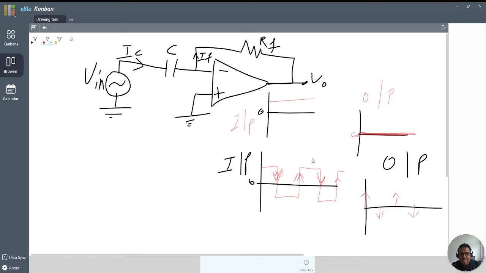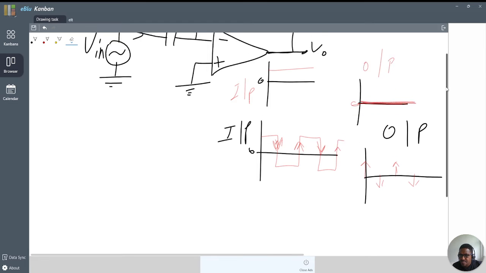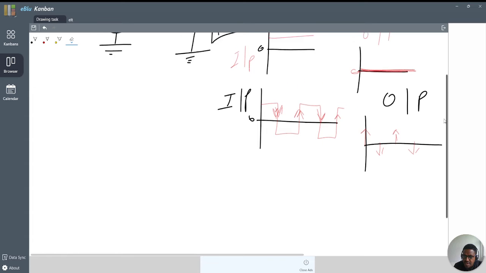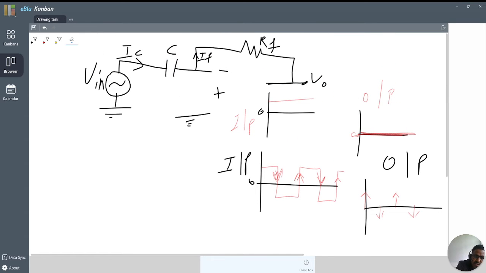So to analyze our op-amp, how do we get V out? According to the golden rule, the inverting input is virtually grounded, so V inverting and V non-inverting are equal.